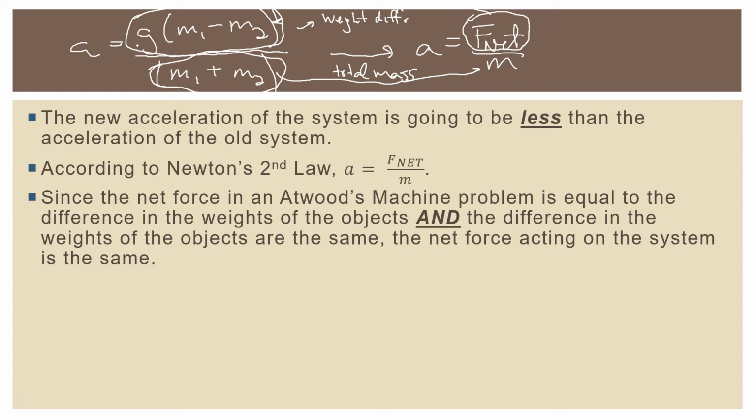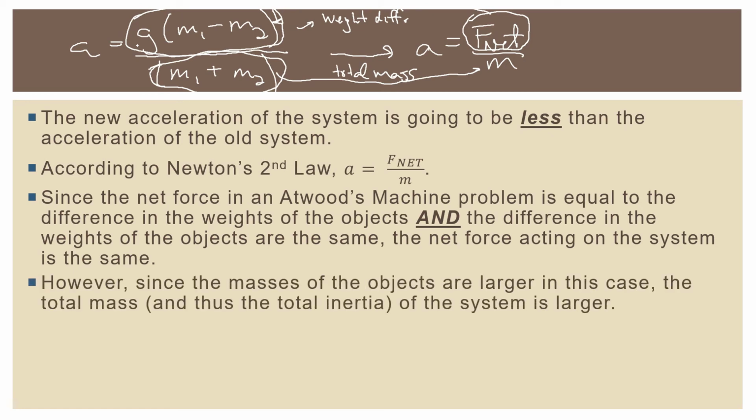So then I guess the question really is, well, then why are we saying the acceleration is less and not the same? Well, it's because the net force isn't the only thing that affects the acceleration. The mass does too. Since the masses of the objects are larger in this case, the total mass, and thus the total inertia of the system, is larger.